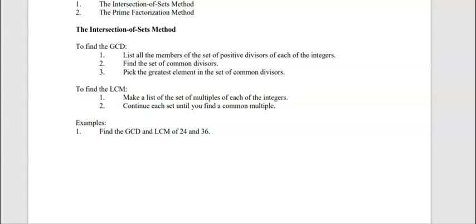To find the least common multiple, you write out multiples of each of the integers until you find a common multiple, and the smallest multiple that is a multiple of both integers is the smallest multiple that they have in common.